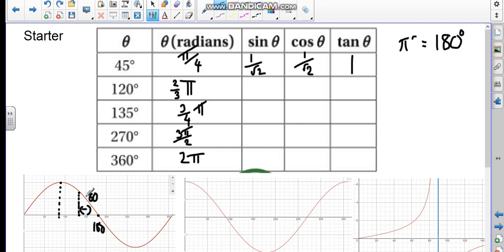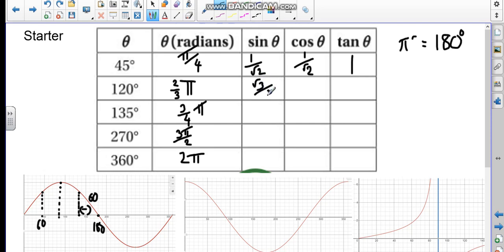Because of the symmetry of the graph, that will be the same as the distance from 0. So sine 120 is equivalent to sine 60. If you remember, sine 60 is √3/2, so sine 120 will be √3/2.